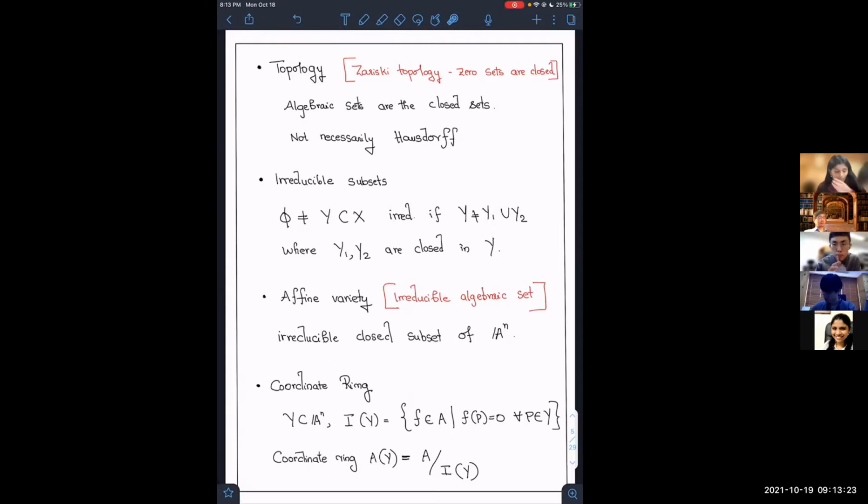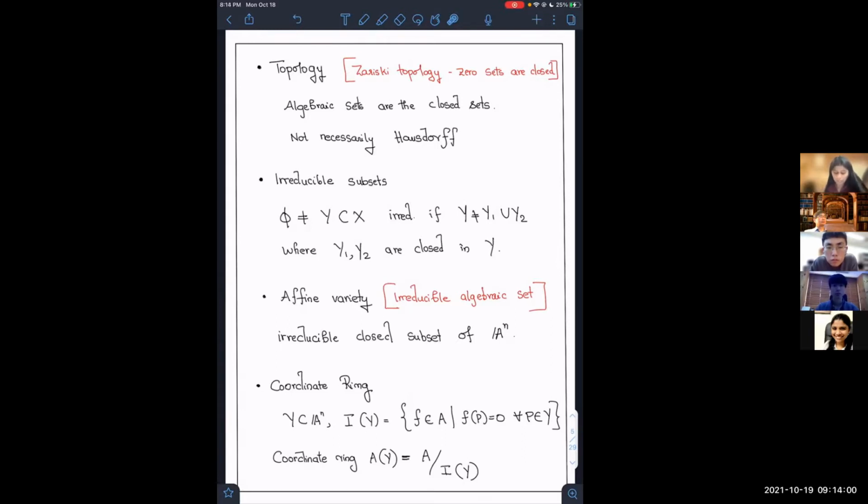Now, if X is a topological space and Y is a non-empty subset of X, then Y is irreducible if it cannot be written as a union of two closed subsets of Y, where X is any subset of A^n with the subspace topology.